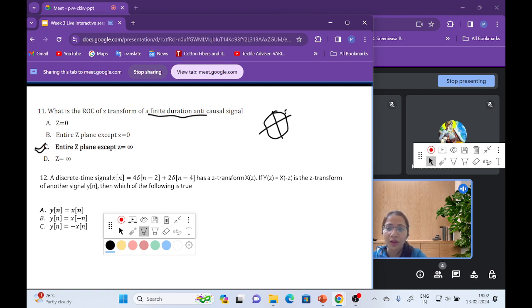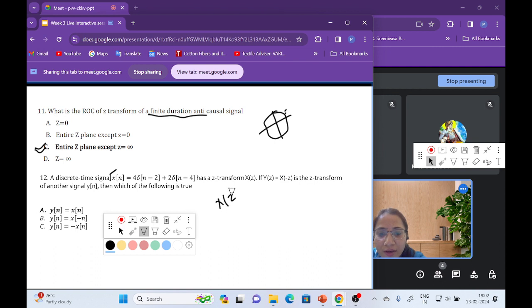Option A, y of n is equal to x of n. Option B, y of n is equal to x of minus n. And option C, y of n is equal to minus x of n. Okay, so let's try to solve this question. As we know that x of n is given, so what will be the Z transform of this x of n?